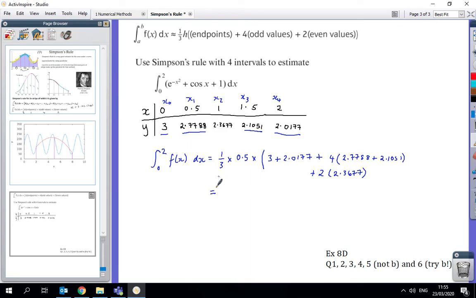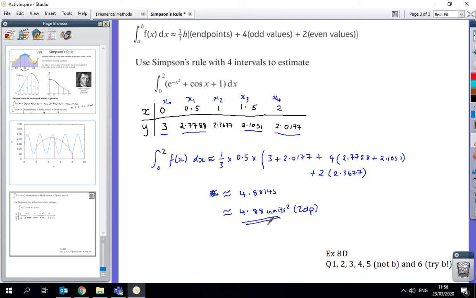Close off the brackets, and I guess I really should have done that this was approximately equal to, because it's not going to be exactly equal to this, it should be approximately equal to 4.88145. So I'm just going to stick with that to 2 decimal places. I'm just going to say that it's 4.88 units squared, and that is to 2 decimal places.